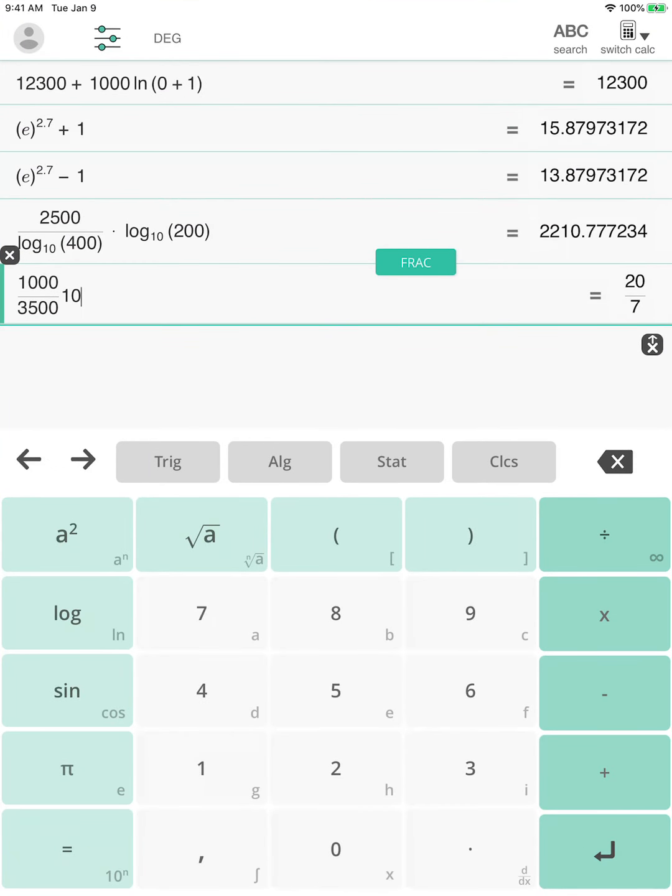So 10 to the 2 divided by 7 times the log of 1200.